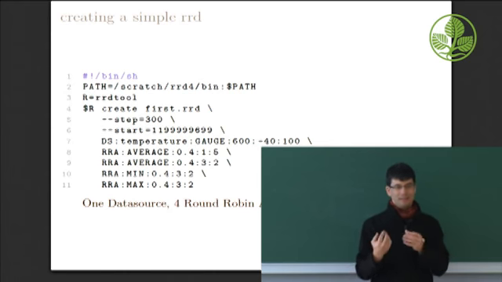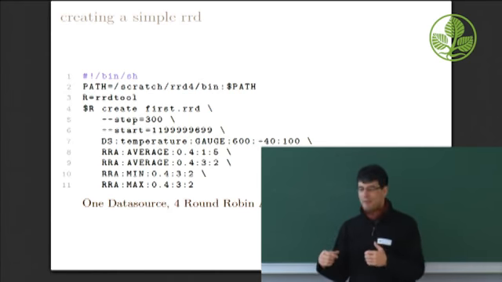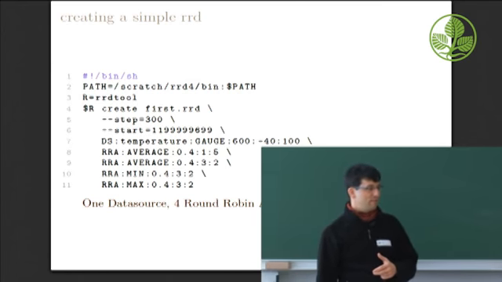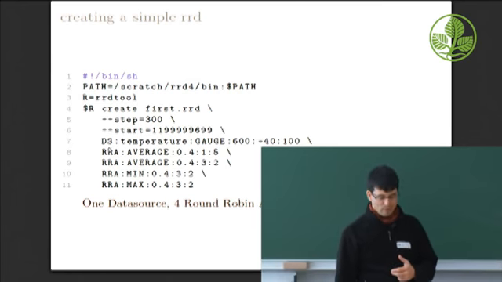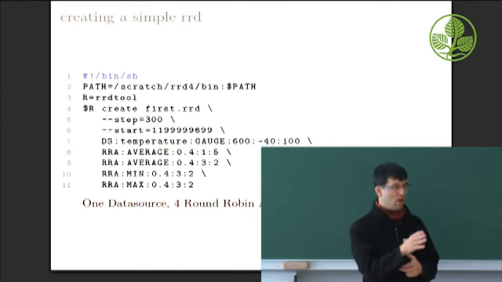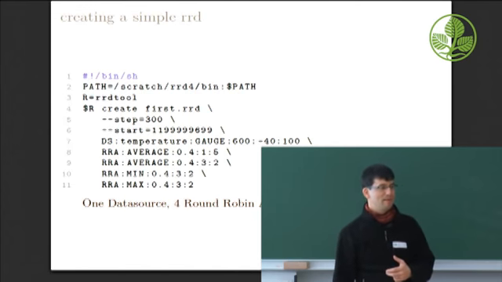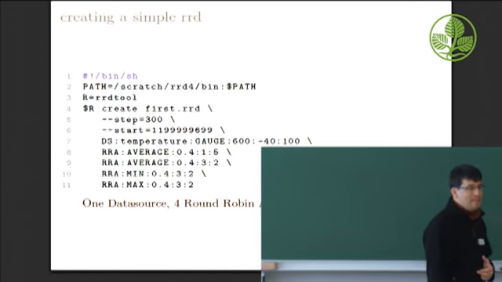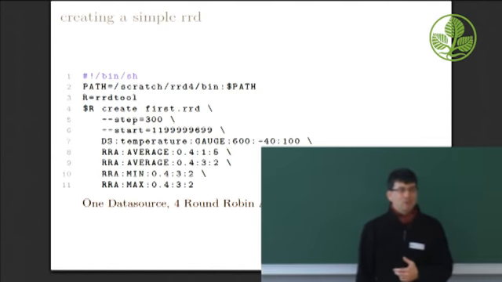So the data type internally is always the same. But by defining a data source, you can give RRDtool some information about the nature of the data. So what I'm doing here is telling it that it's going to be called temperature. So whenever I refer to that data, to that column, I can refer to it by name, and the name is temperature. And then I'm also telling it that it's gauge type data.